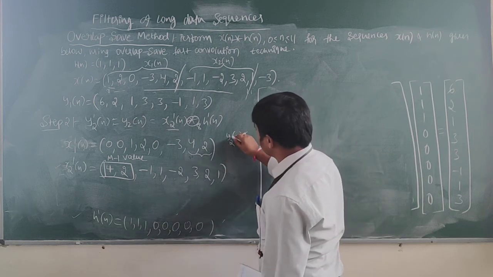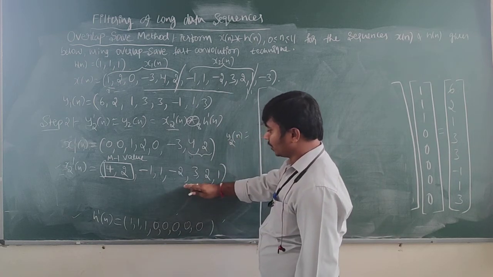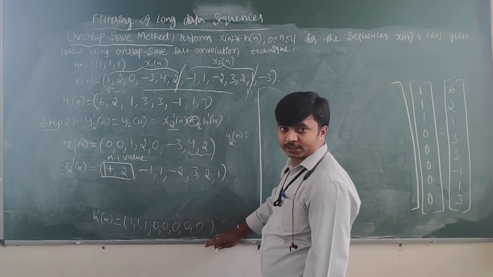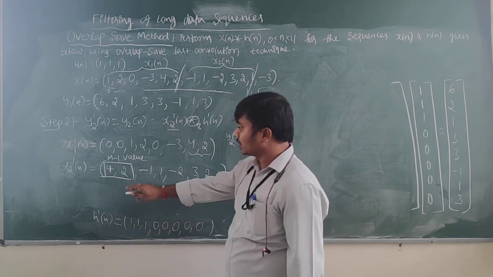I am computing the circular convolution between x2 dash of n and h dash of n. What is the first entry?